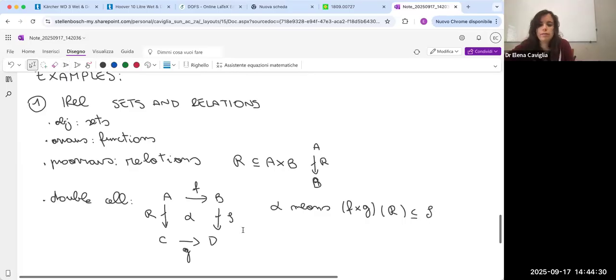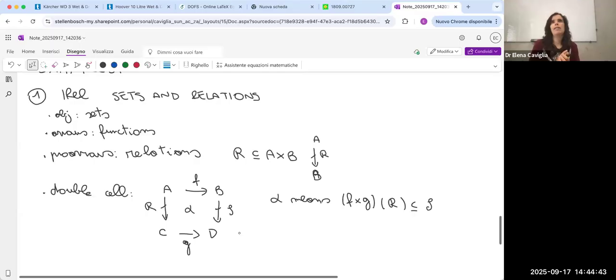So we can only have one double cell inside the square. We cannot have multiples. So it's kind of what happens for posets in categories, that we can only have an arrow between two objects in a poset. It's either there or there are no arrows. And this double cell means this property.